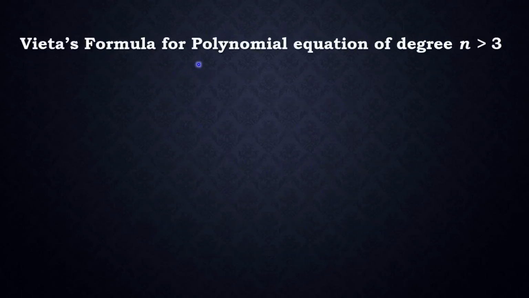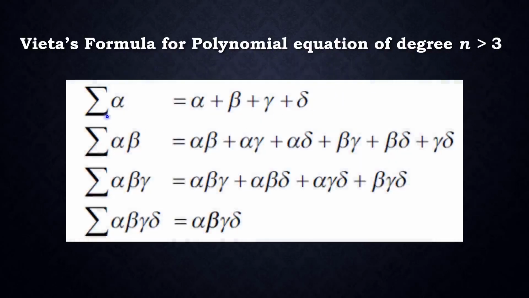Vieta's formula for a polynomial equation of degree n greater than 3. Now we are going to see for degree 4. Okay. Summation alpha means the sum of the roots. If the degree is 4, the roots are alpha, beta, gamma and delta.